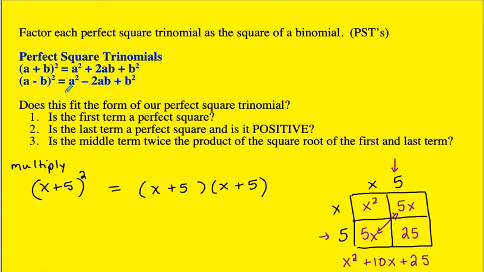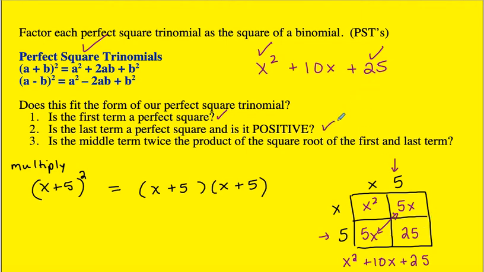And that's how we determine if it is a perfect square trinomial, or a PST. You want to check, is the first term a perfect square? Let me write it here so you can see with me. And it is. Is the last term a perfect square and positive? Because remember, even if these were negative 5s, multiplying would make it a positive number.